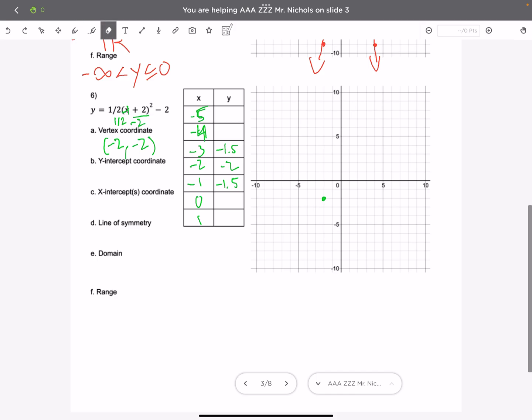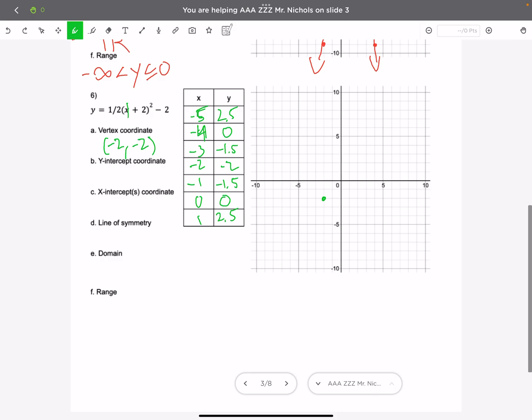And then we do the same thing with 0. 0 plus 2 is 2 squared is 4 times 1/2 is 2 minus 2. Which is 0. So 0, 0, and negative 4, 0. And then we could plug in 3, or sorry, 1, not 3. 1, which becomes 3 squared is 9. 9 times 1/2 is 4.5. 4.5 minus 2 is 2.5. And then we can plot these.